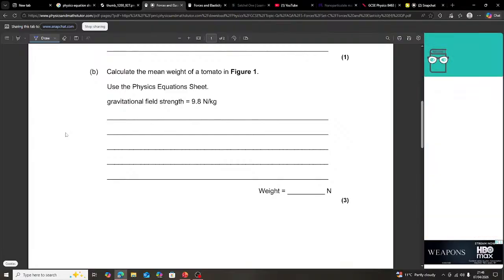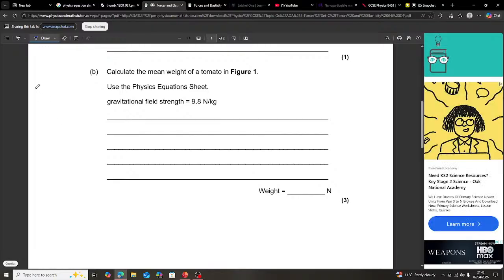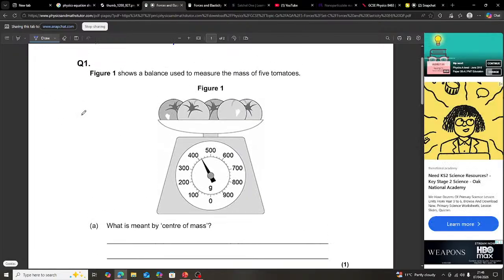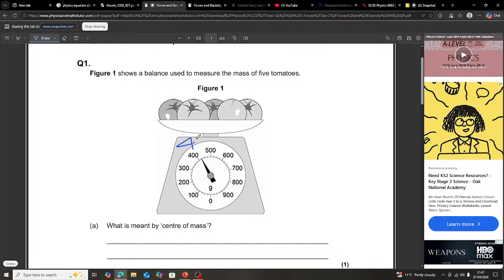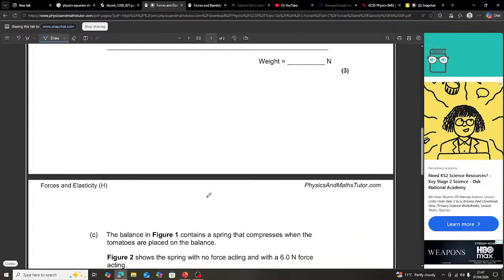Where's figure 1? So what is that? 425. Is that mass or weight? It's grams. Mass, yeah.